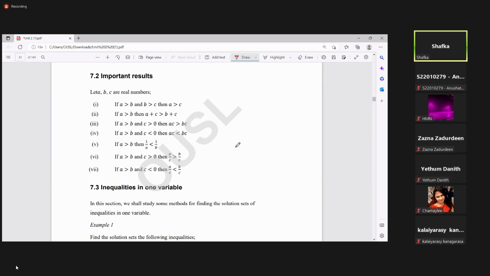Consider any real numbers A, B, C. If you have A greater than B and B greater than C, then straight away you can write A is greater than C. Okay, that's the first result. And when you consider A greater than B, we are adding the same quantity to both sides.